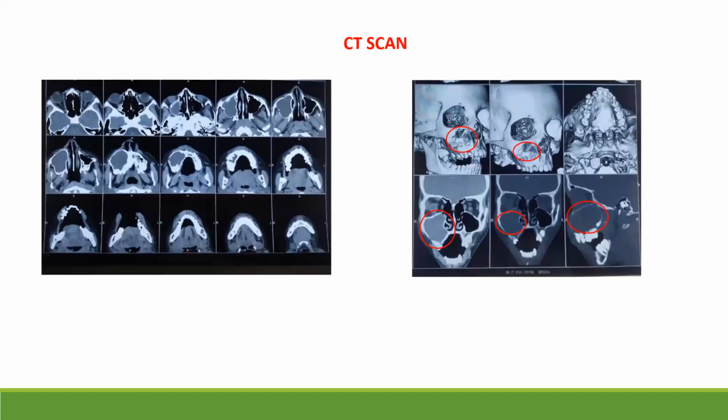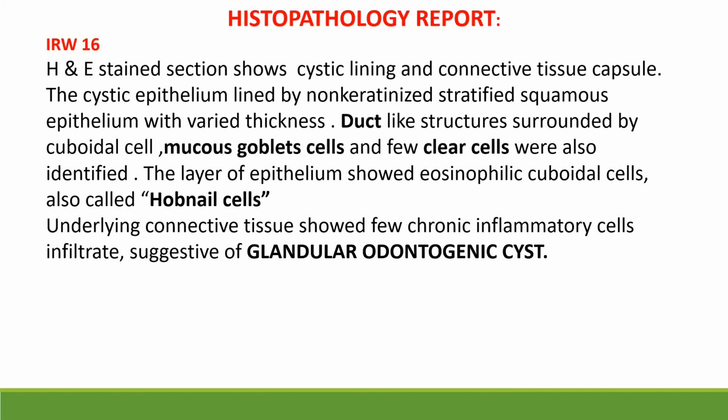CT scan shows bone perforation. Now, the histopathological report with respect to 1/6. The H&E stained section shows cystic lining and connective tissue capsule.